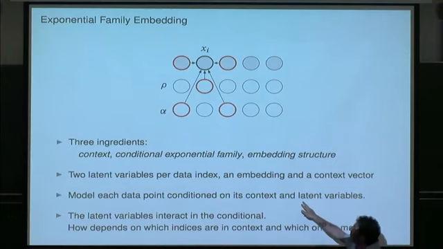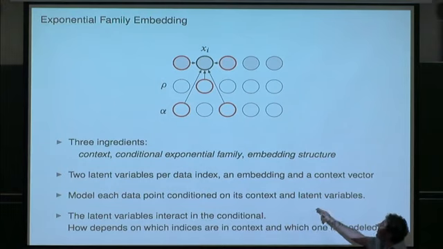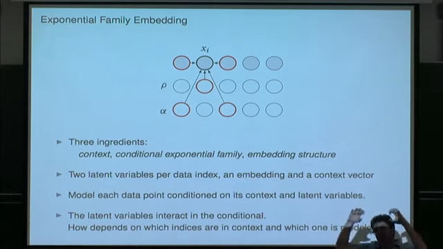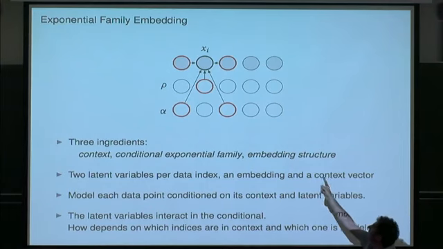And we model each data point conditioned on its context, which are the data points around it. So you can see I have xi as the data point that we're focusing on here, and then the context are the two observations on either side of x, that are highlighted in red there.